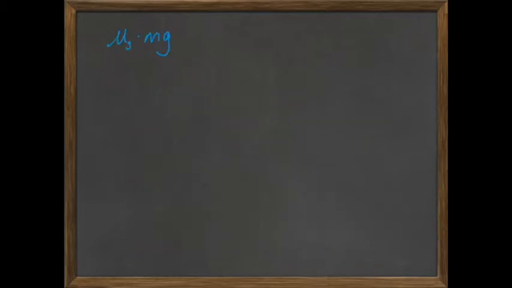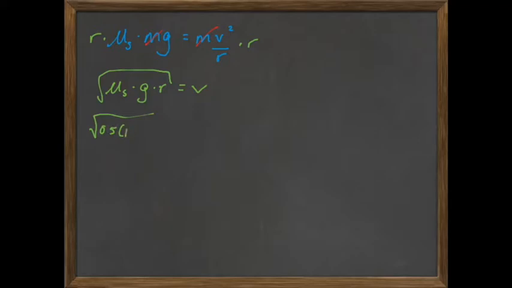Okay, we know normal force is equal to gravity, mg. And so if we do some quick algebra steps here, we see that the m's will disappear. We multiply the r to both sides, and we find that the velocity is equal to the square root of the coefficient times gravity times r, which if we plug in numbers, coefficient was 0.5, we'll say gravity is right around 10, and the radius was 20 meters.